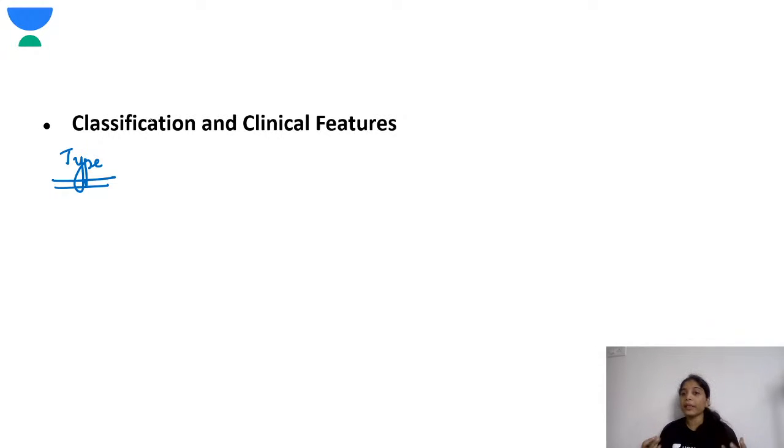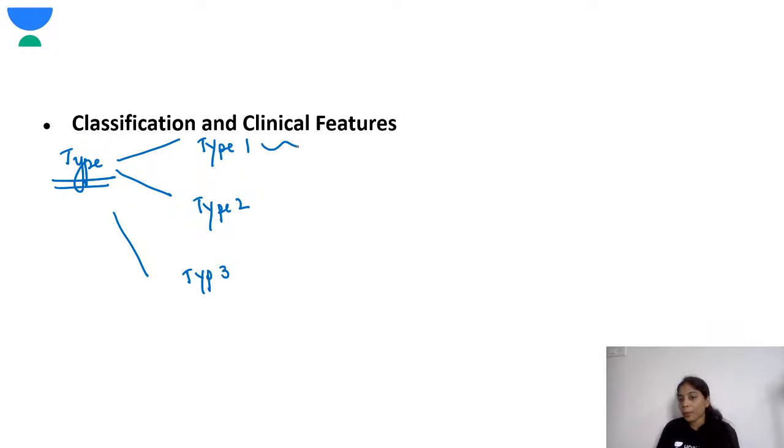Based on the quantitative and qualitative abnormalities, von Willebrand disease is divided. So how many types are there? There are three types. Yes, very good, Sumitra. There is type 1, type 2 and type 3.